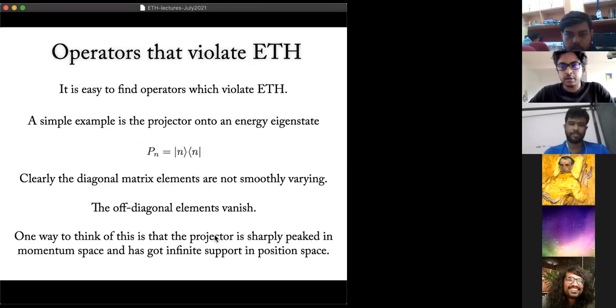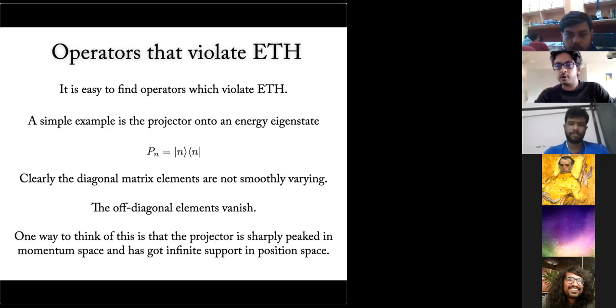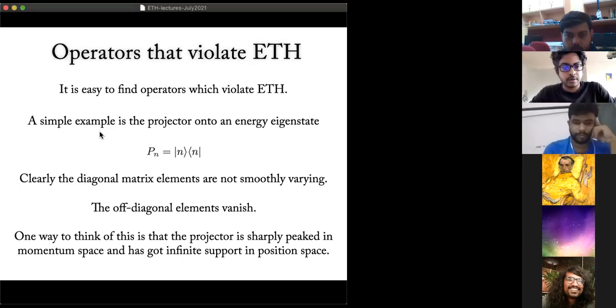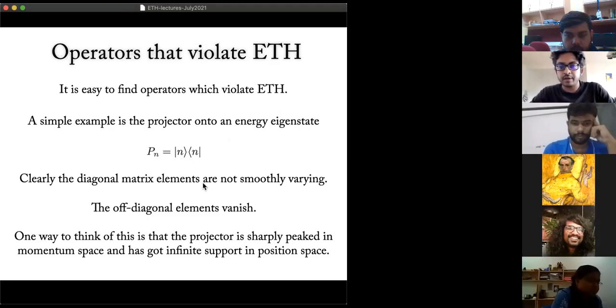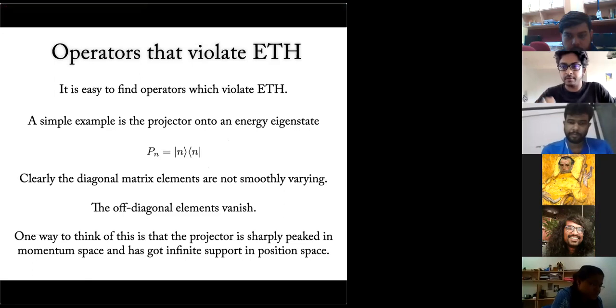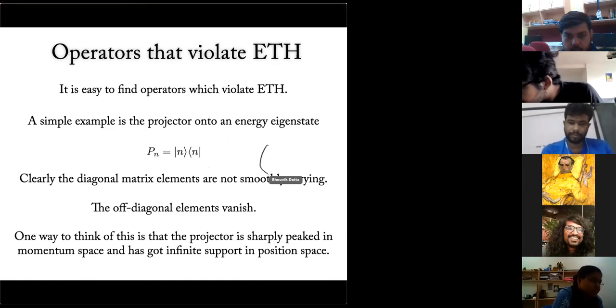Of course, one can find operators that violate ETH. It's not very difficult to find them. A simple example is the projection operator. You look at the projector onto a single energy eigenstate, and you can calculate its matrix elements. This would be just a matrix where most elements will be 0, and all the diagonal elements will also be 0, other than the nth one.